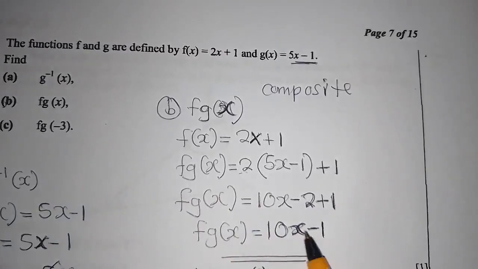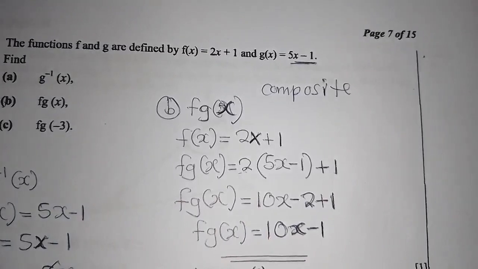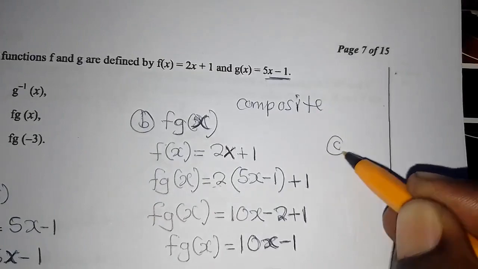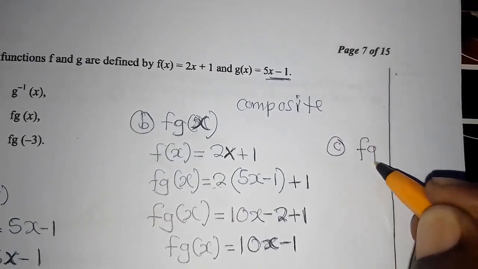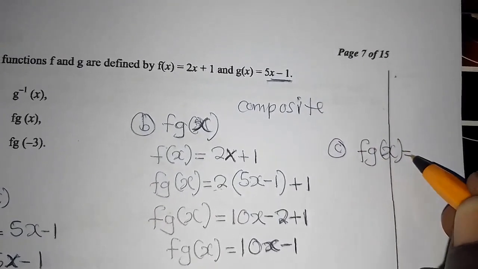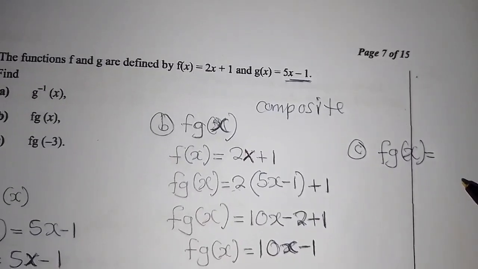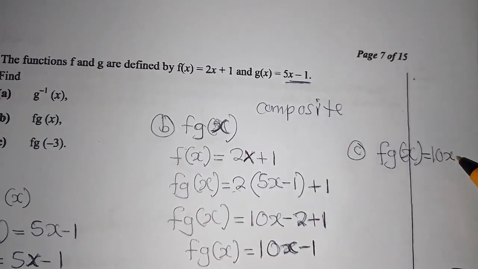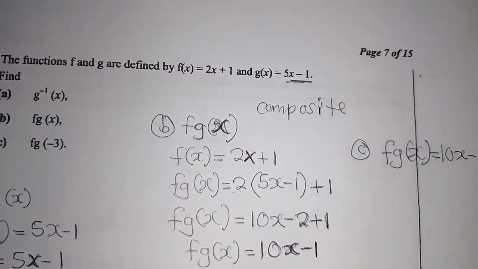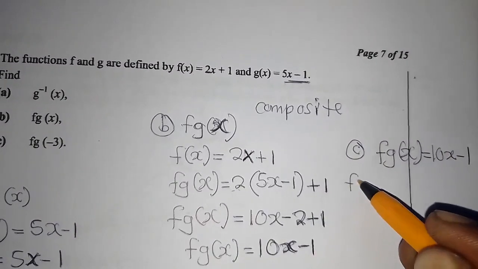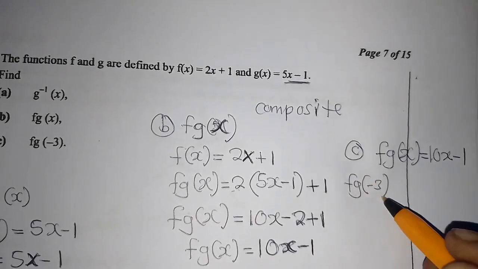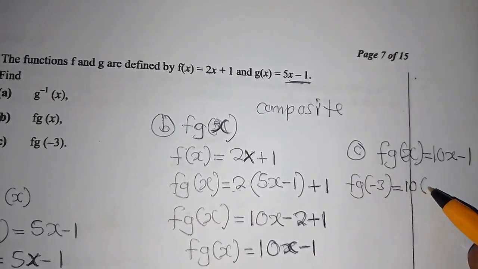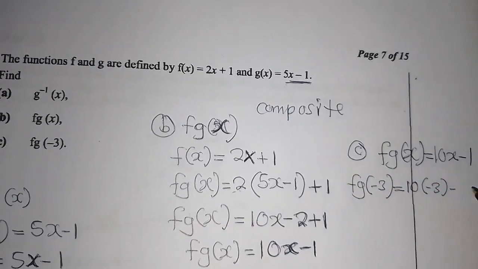So fg of x is 10x minus 1. Then I say, okay, fg of negative 3. Where there is x, I put negative 3. So it's going to be 10 times negative 3 minus 1.